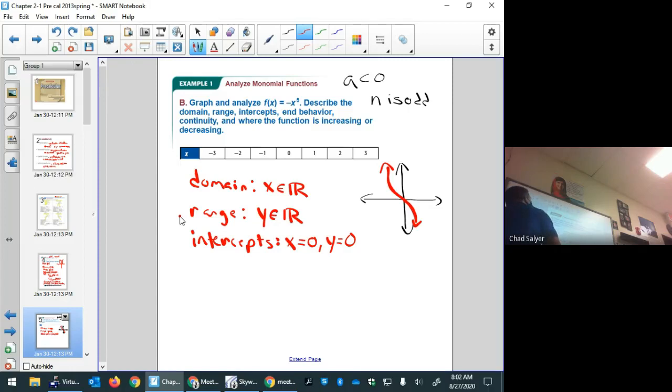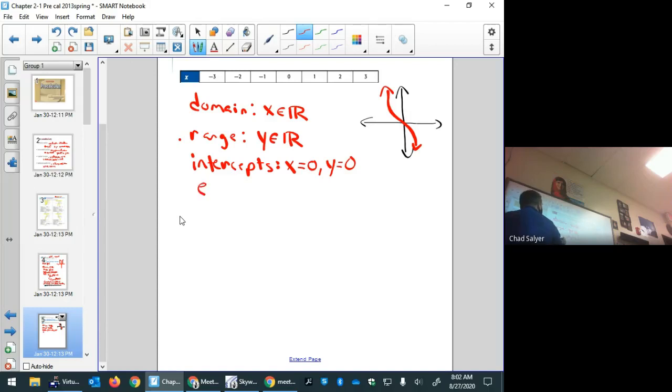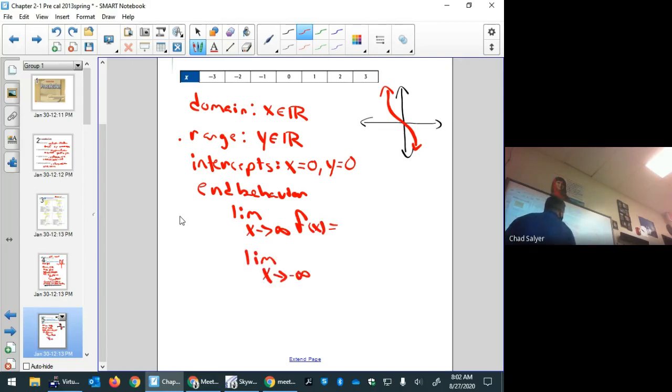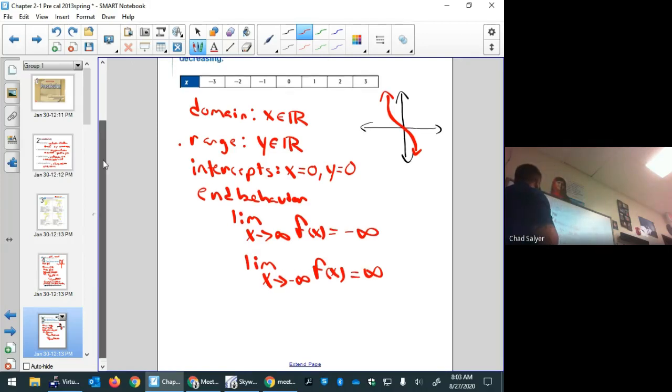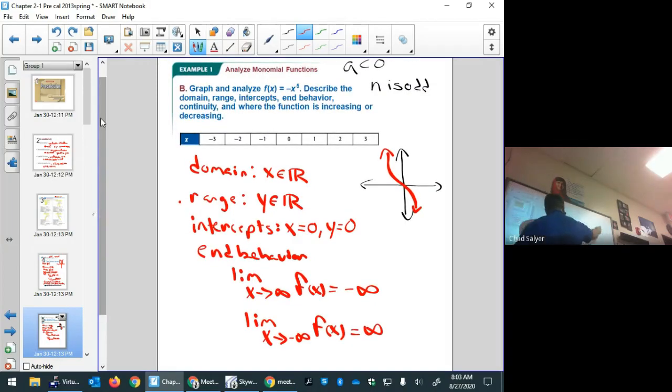And then continuity, or I'm sorry, end behaviors next. So that's the limit as x goes to infinity of f of x, and the limit as x goes to negative infinity of f of x. So to the right, you see how it goes down, down, down forever? And so that's negative infinity. And to the left, it goes up, up, up forever. So that's positive infinity. So be careful with that. That's part of those characteristics that were listed. So I could have known this just by this.